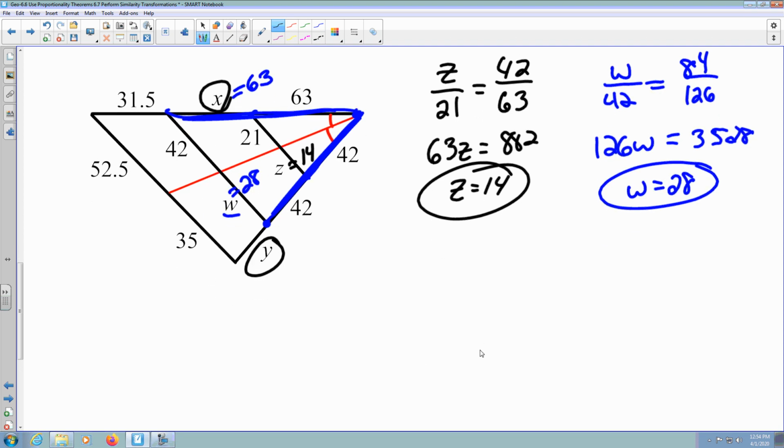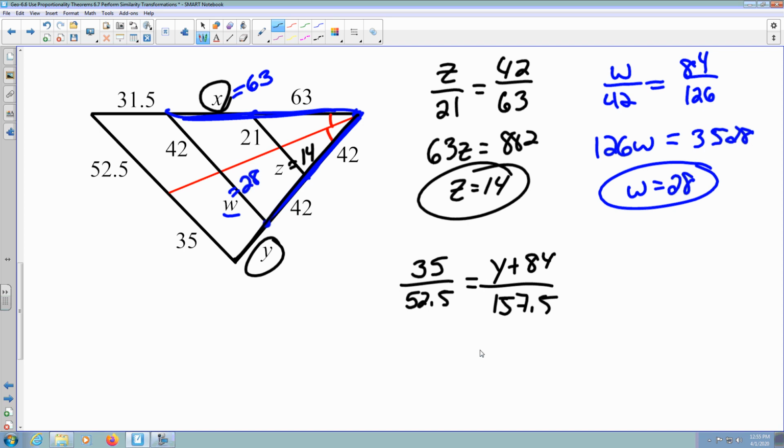So now I got to use the largest triangle in this particular example to say, okay, I got 35 over 52.5 is going to be proportional to y plus 84, because you're dealing with this entire thing, y plus 42 plus 42, over 31.5 plus 63 plus 63, which is 157.5. So now I do some cross products.